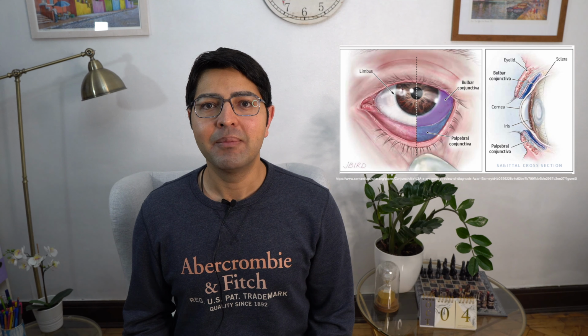The white layer of our eyes is called the sclera, and on top of this sclera, the transparent membrane is called the conjunctiva. Whenever it comes to anything within the body, -itis means inflammation. So conjunctivitis means that there is inflammation of some sort involving the conjunctiva.